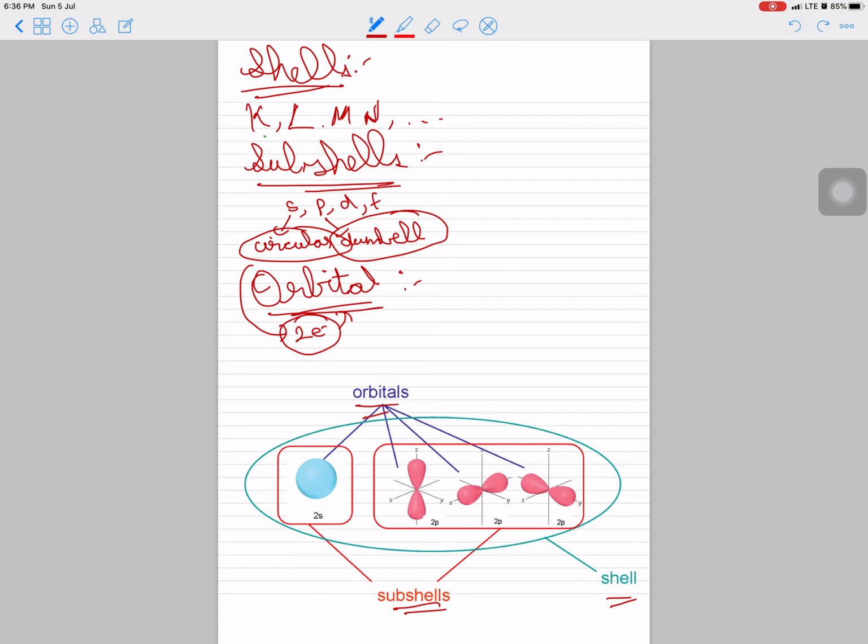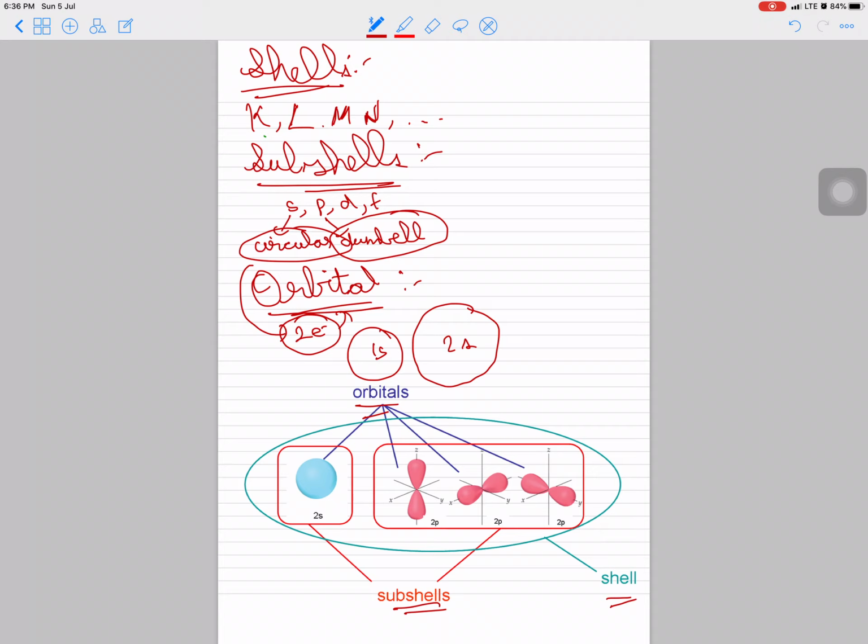So you have 1s, which is like this, and then 2s will be a little bigger, and then you have the p subshell, which contains the 2px orbital, 2py orbital, and 2pz orbital. Let's start with 2px.